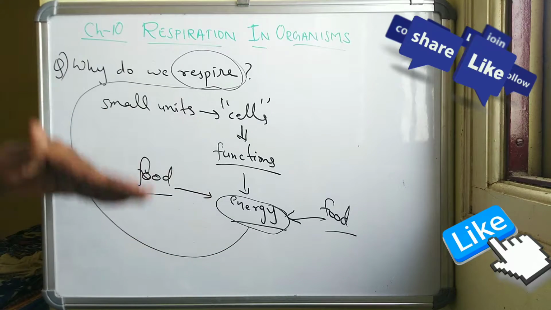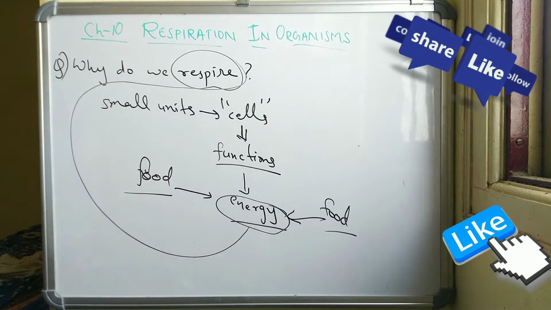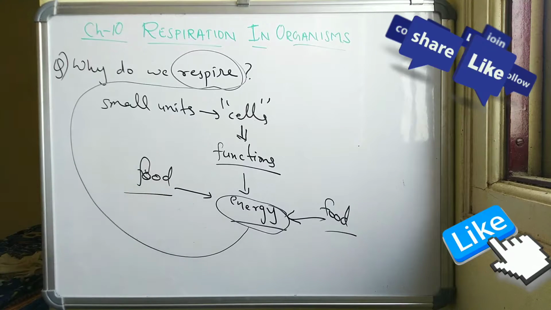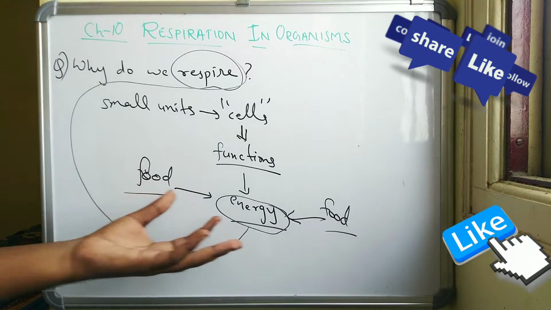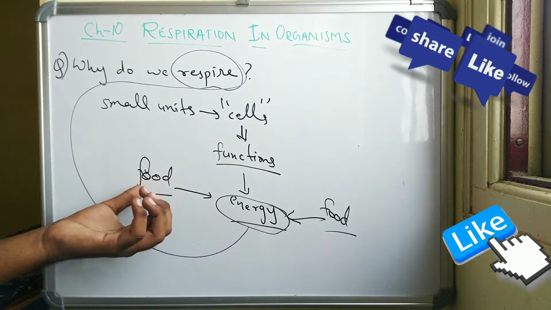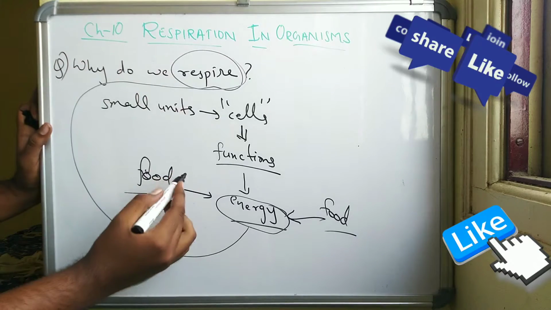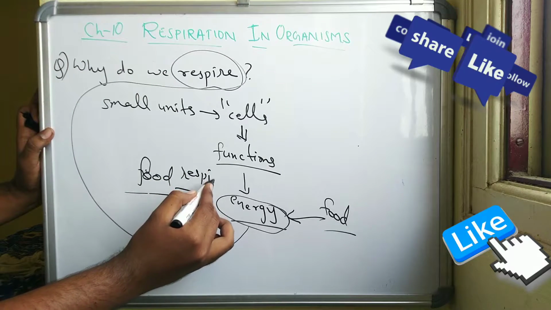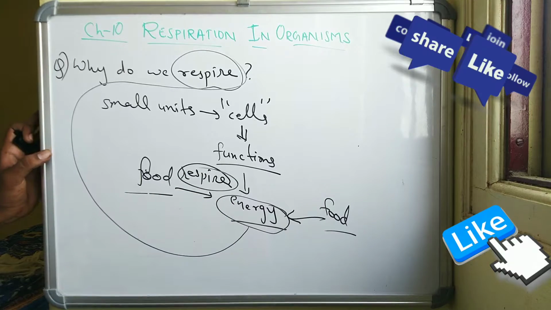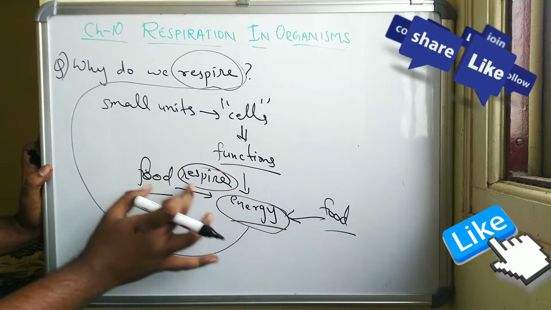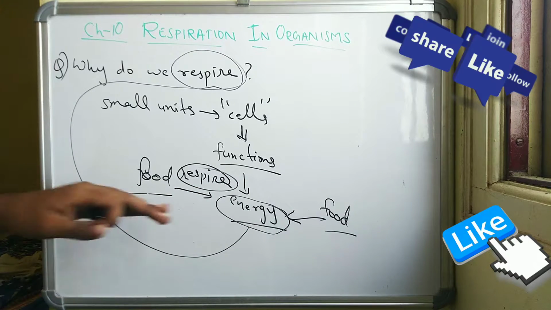To do that function, they need energy. They get energy from the food that we intake. To get energy from the food, they need to respire, that means they need to breathe. So from food to energy, we need to respire. This is the basic concept.